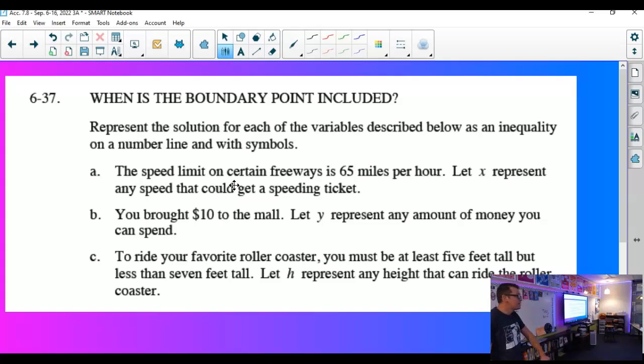Now, if the inequality doesn't keep going forever, enclose it. Make sure you read carefully in A. Let what you're graphing represent what will get you a ticket. Right? Could get you a ticket.